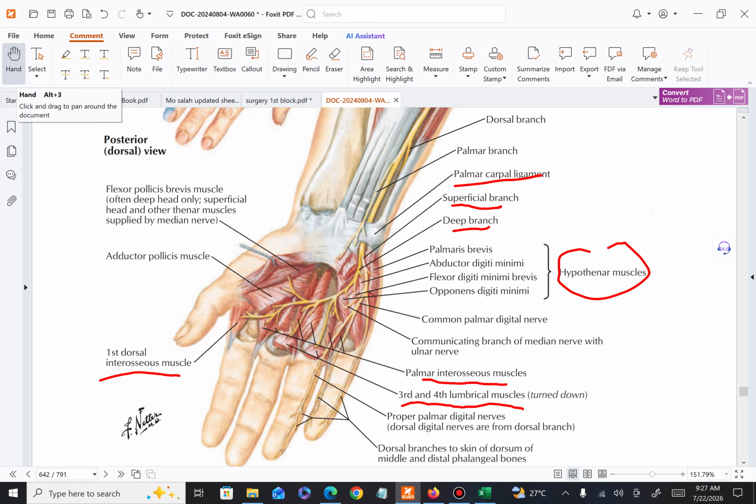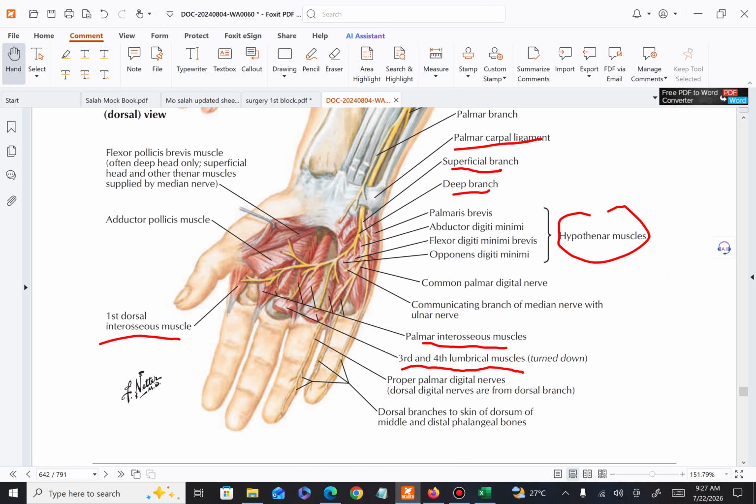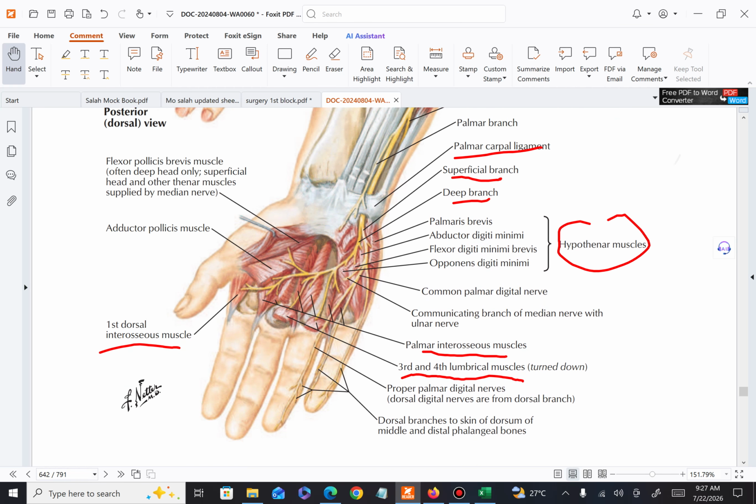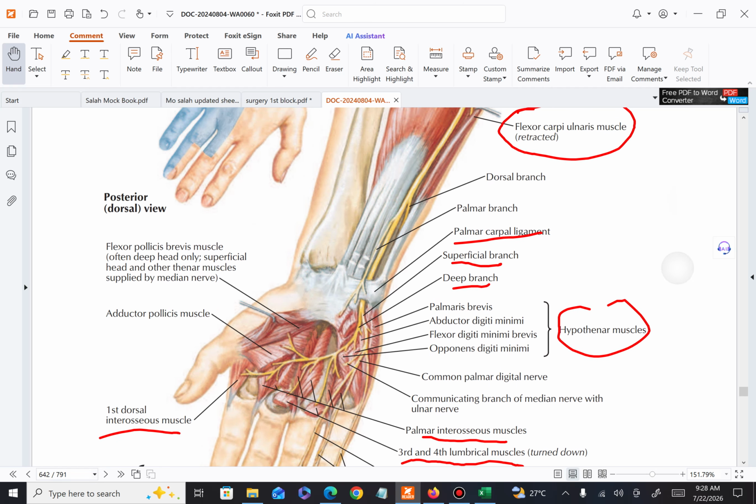So the ulnar nerve supplies all the muscles in the hand except the thenar muscles and the lateral two lumbricals, which are supplied by the median nerve.